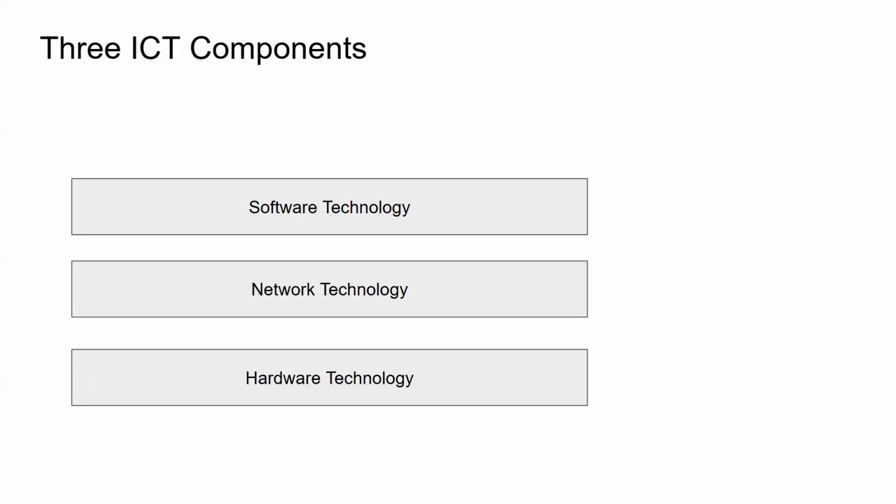I hope it is self-explanatory, and I don't want to explain what software, network, and hardware technology are. We can discuss in detail the specific components in the presentation, right? Now we are using software. Even if you don't know about complex e-government projects, you have an idea about software, right?